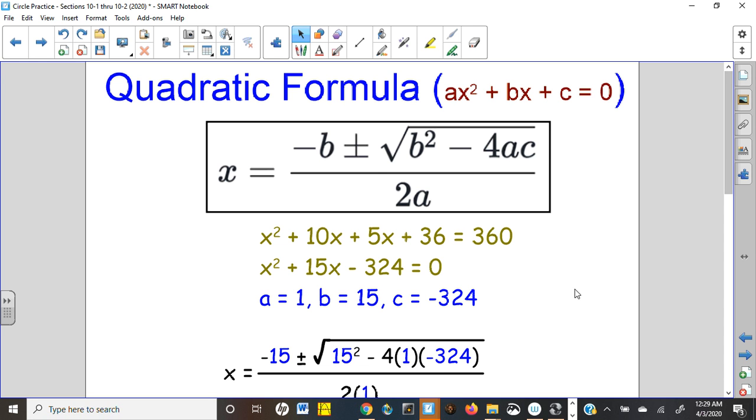But if you have a quadratic in the form of ax squared plus bx plus c, and once again, it has to be set equal to 0, then the quadratic formula will solve the roots for you if the real roots exist. In fact, it'll even solve imaginary roots, which is something you haven't learned yet. You'll learn about those in Algebra 2 as well.